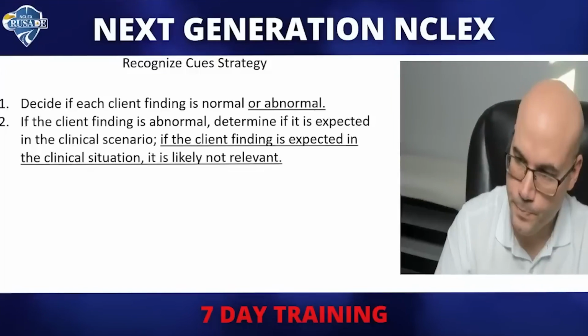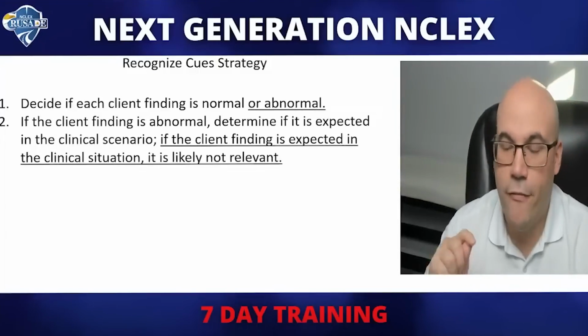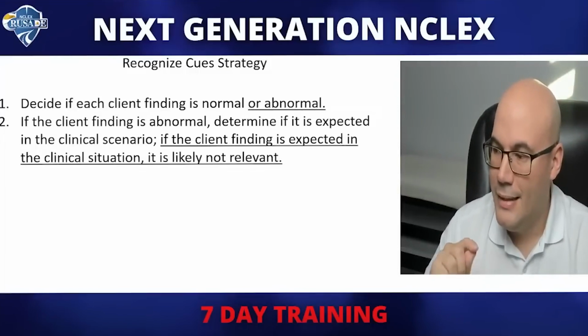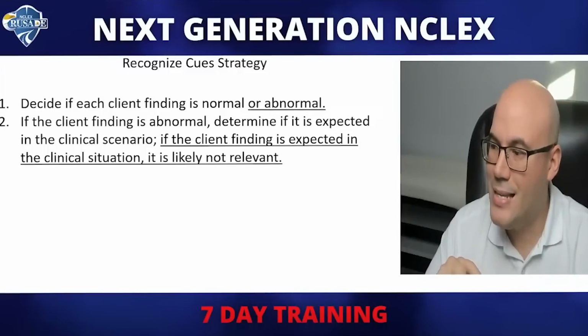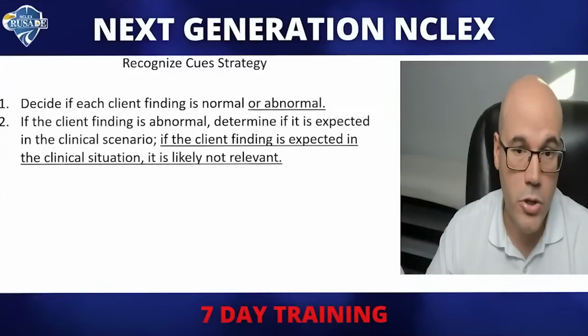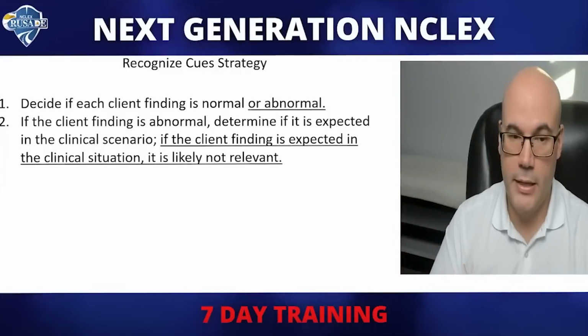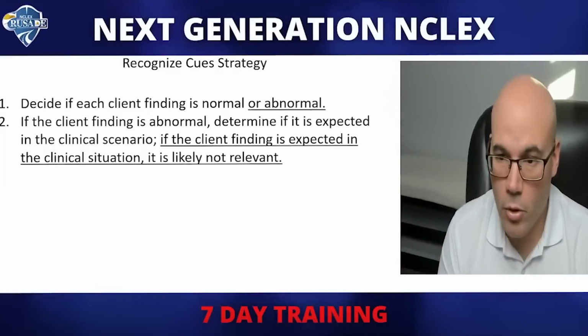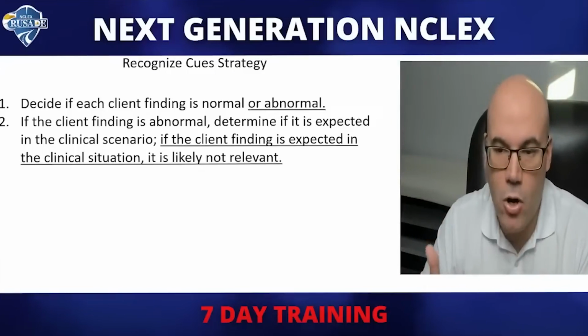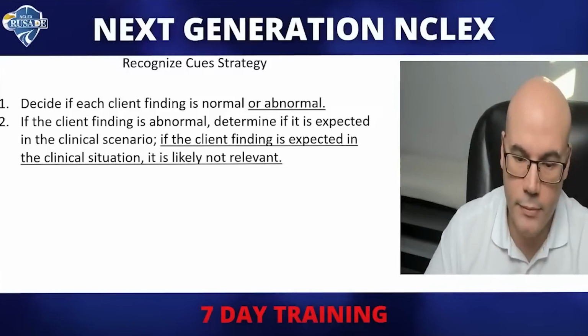Number 2, if the findings are abnormal, determine if it is expected in this scenario. In other words, you can have something that is abnormal in the patient, but is expected according to what happened in the scenario.